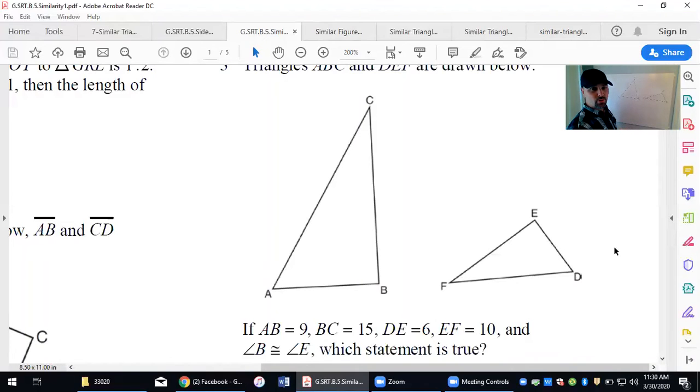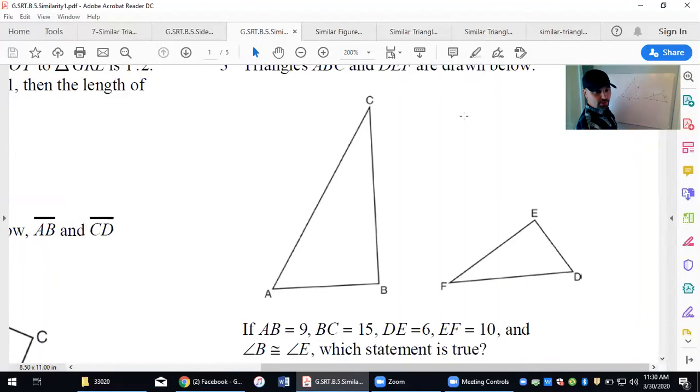Now you need to label them according to what they tell us at the bottom. AB is 9. Okay, that's this bottom section here. AB, so that side is 9. BC is 15. DE is 6. EF is 10. Okay.